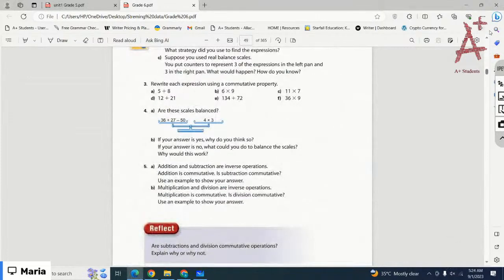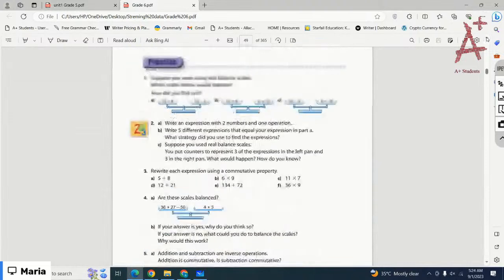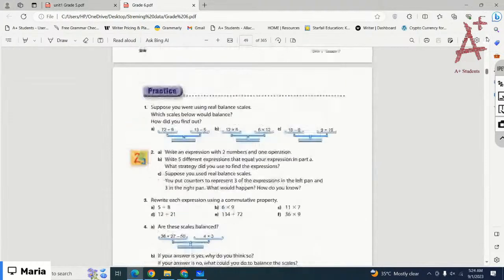Okay, suppose you were using real balance scales. Which scale below would balance? How did you find out?